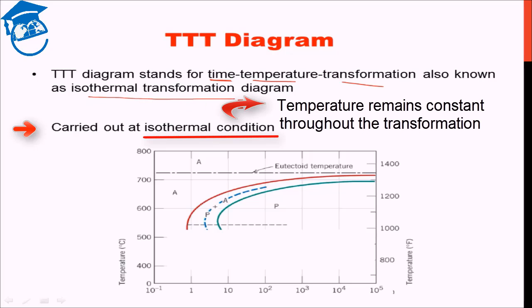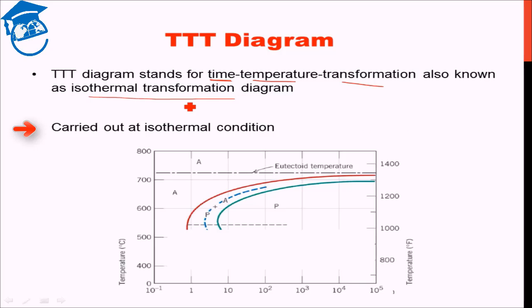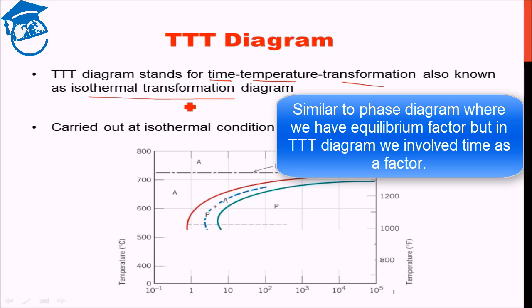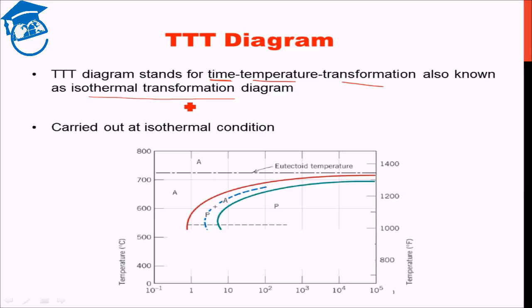Isothermal transformation diagram. But if you come to think about it, isn't it similar to the phase diagram where you have equilibrium? Equilibrium means you are actually giving sufficient time for it to attain a particular temperature, right? It is similar in that sense, but here in the TTT diagram we actually involve the time factor too.